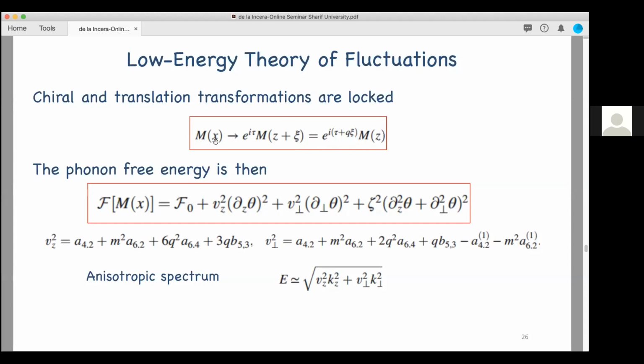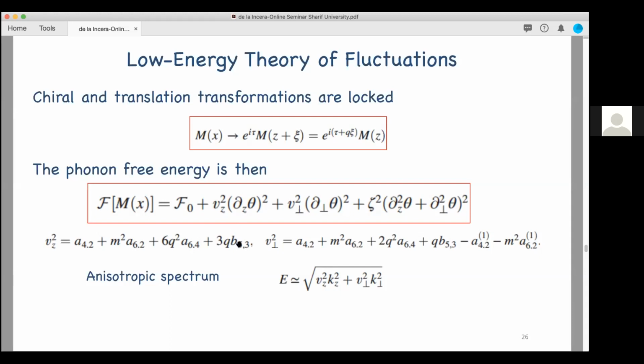And considering that, you can construct the free energy of the phonons. And this is important because you need the free energy of the phonons to see how the phonons will affect the average of the condensate, which I'm going to show you in a moment. So for the free energy of the phonons, first of all, I want to call your attention that it is asymmetric, anisotropic, which is not a surprise, right?